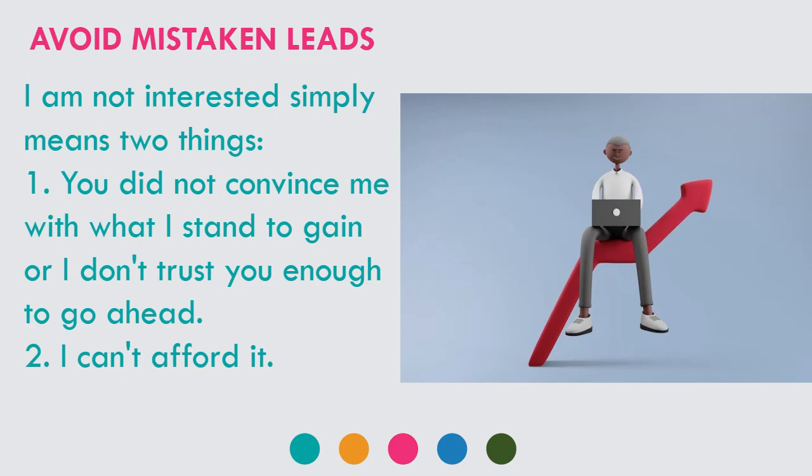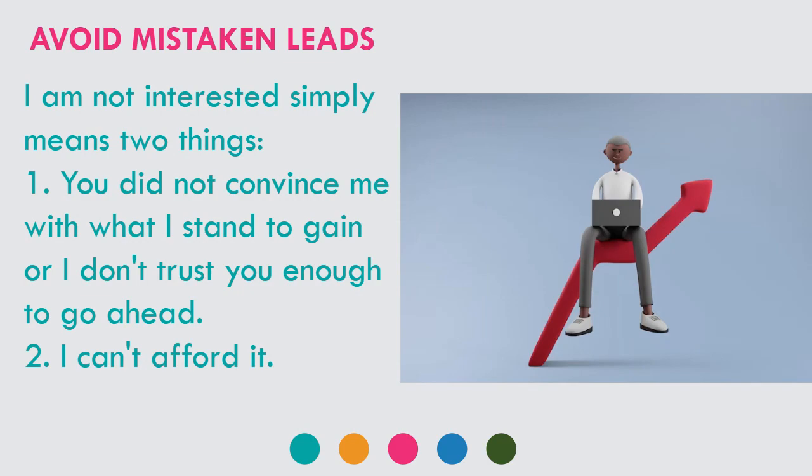Thank you. If you are not able to technically filter your audience in a way that you will be able to serve only the right people, that is, people who can afford property, then you are already doing yourself a lot of disadvantage. So what do I mean by mistaken leads?